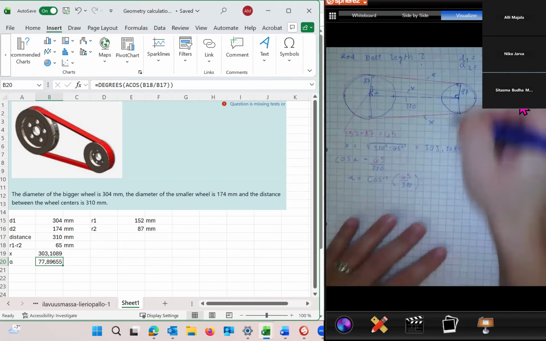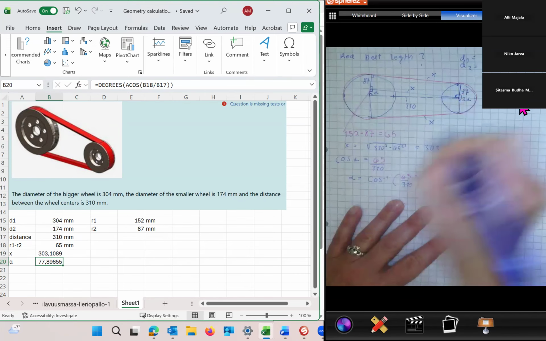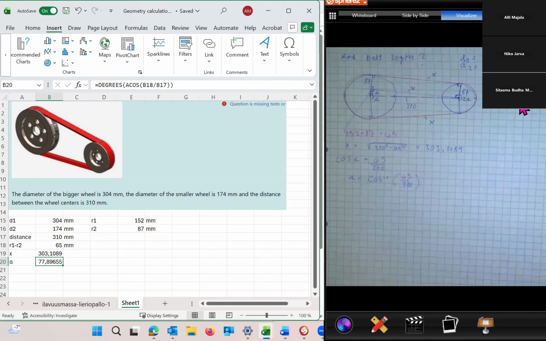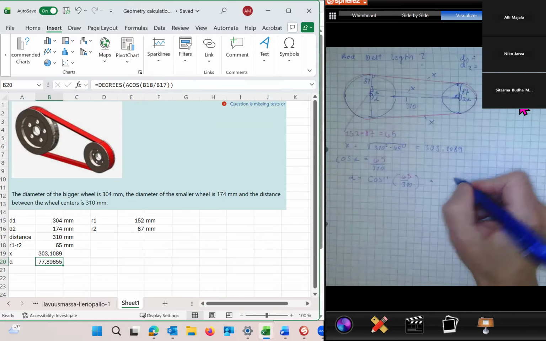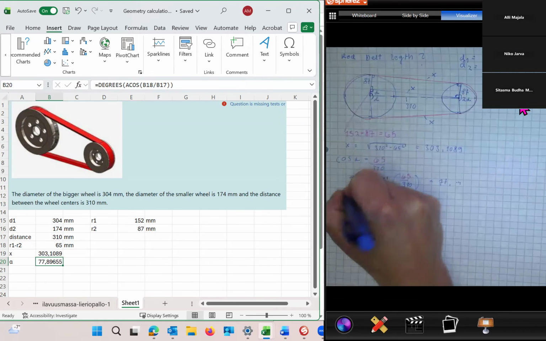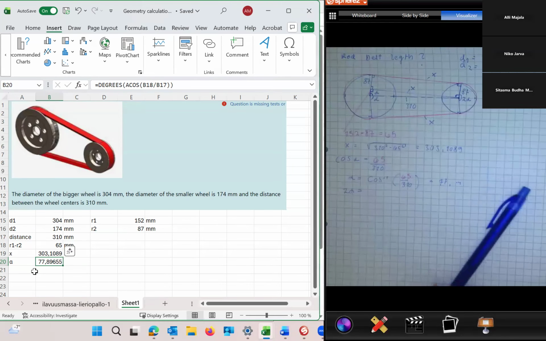So here I have 2 alpha, and also here I have the alpha. So I got something there, 77.222. Then I get the 2 alpha is 2 alpha.